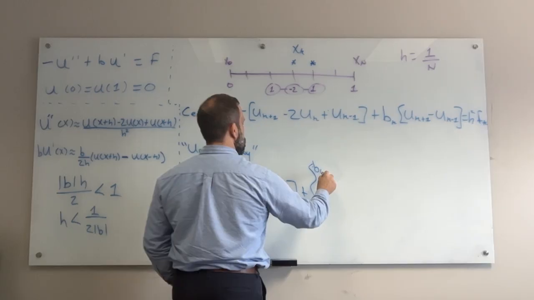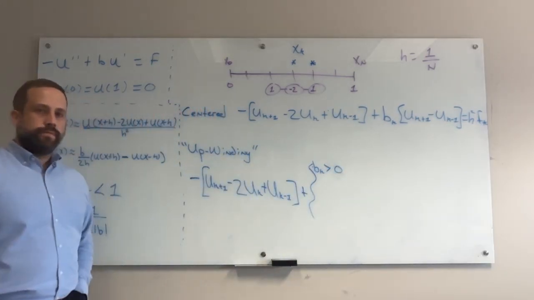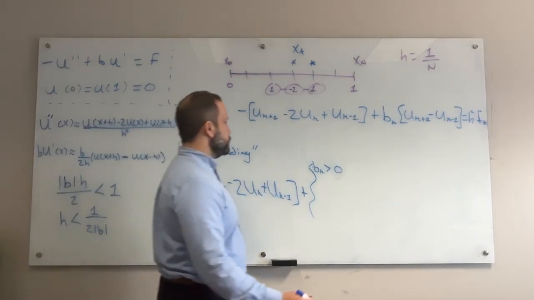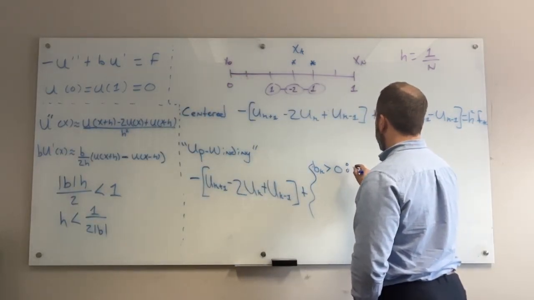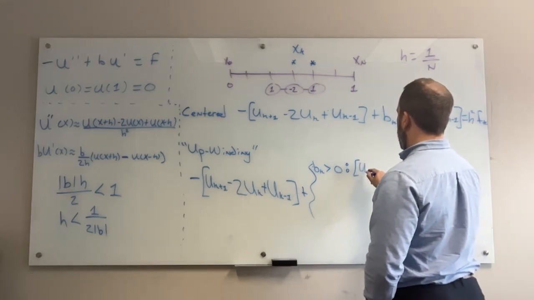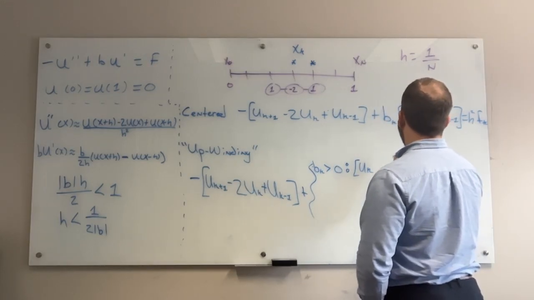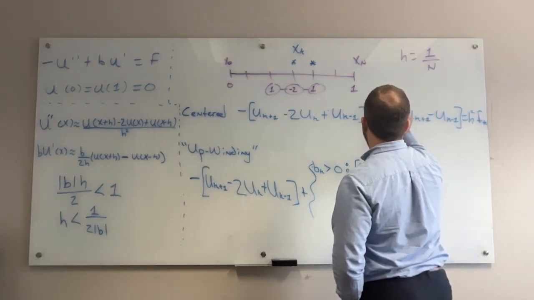If b_k is greater than 0, we're going to do our upwinding. So if b_k is greater than 0, it's going to be plus. Sorry, I forgot about dividing this by 2.